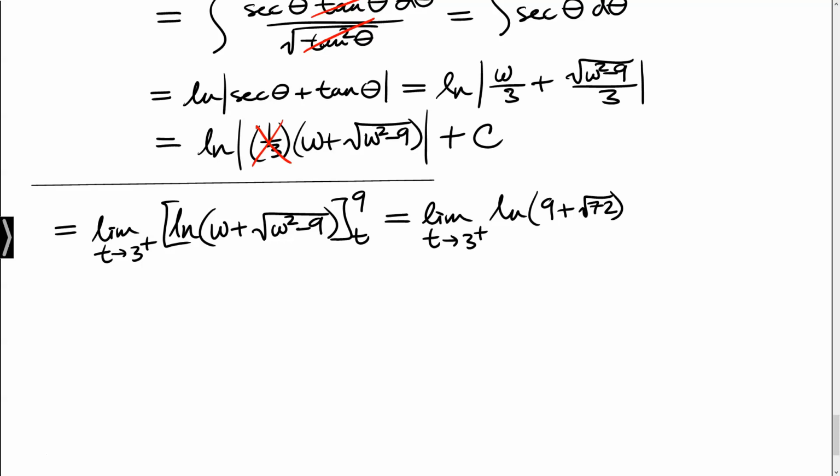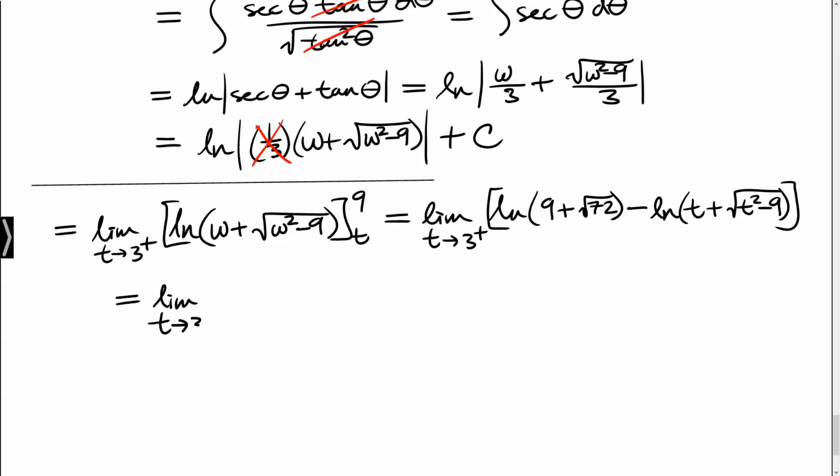And then this is subtracting a natural log of t plus square root t squared minus 9 as t goes to 3. Now, we can just plug in 3 here because this function is going to be continuous, the second term here.